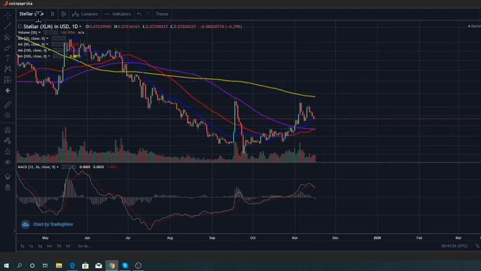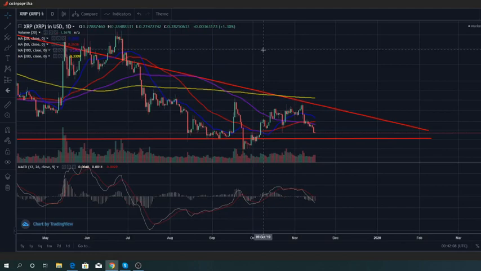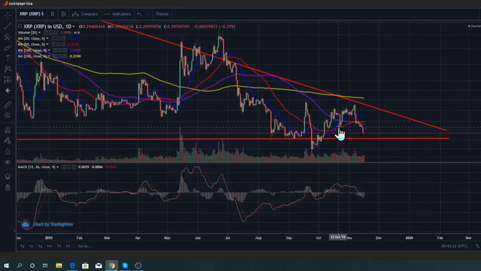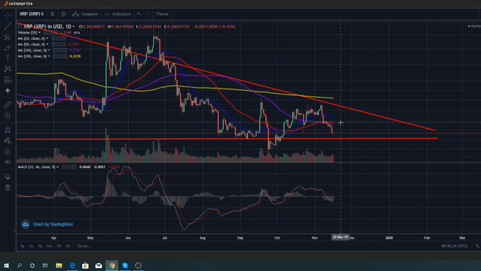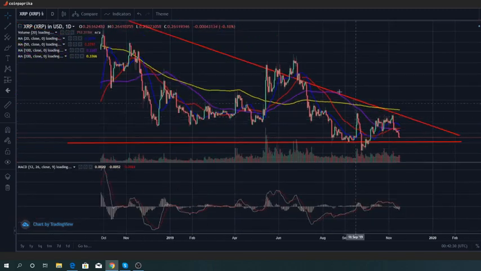Like if you take XRP, that has been the case for some time. We were anticipating the price to push up high, like see, the 20 went up high, above the 50, above the 100, the price crashed down. Now the 50 crossed the 100, that's a positive cross, still the price is continuing to go down. So I don't think that's bad. Yeah, that will be bad for short-term traders, but nothing for long-term investors.